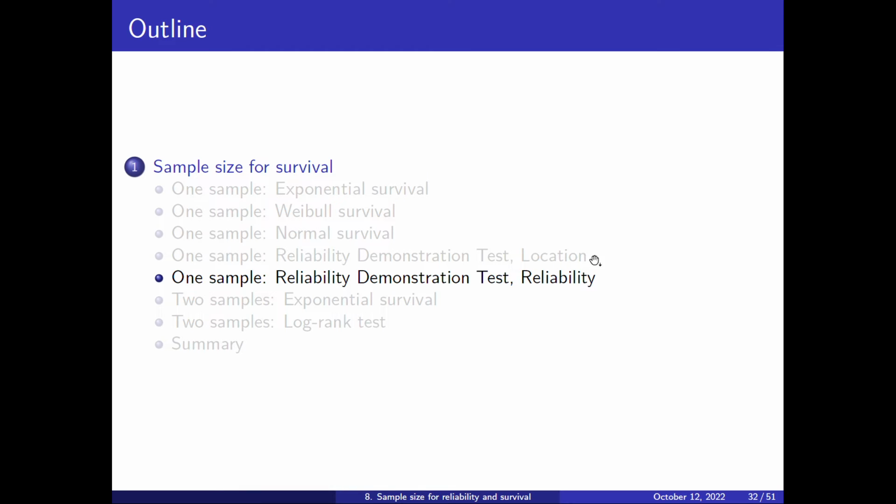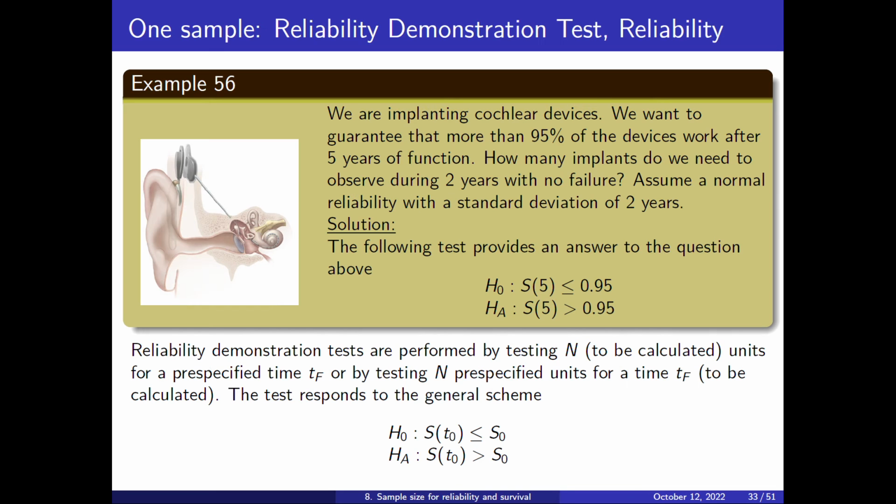So we have made tests thinking about mu, but we can also make tests thinking about the survival time. So we may want to show that the survival after 5 years, for instance, is larger than 95%. Let's say that we are implanting cochlear devices.